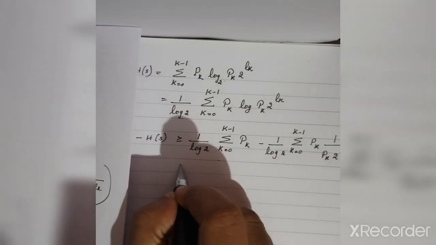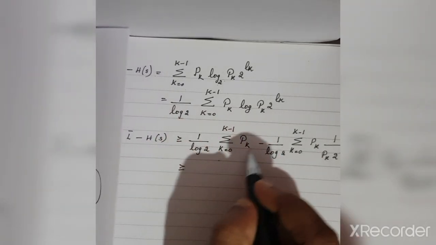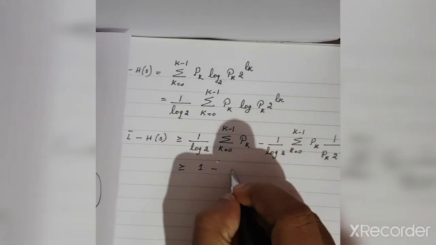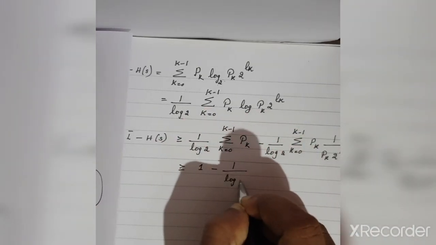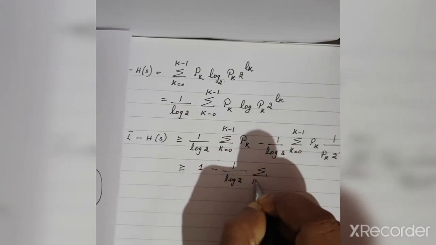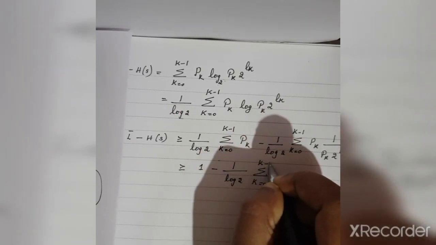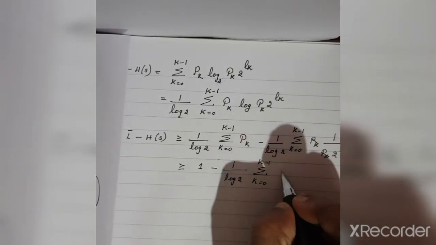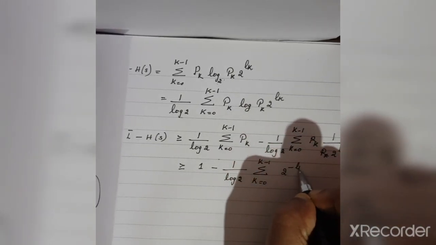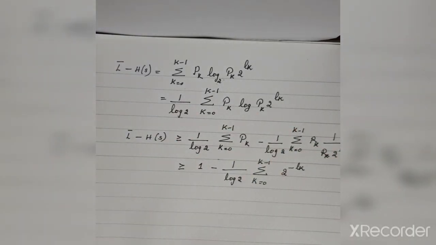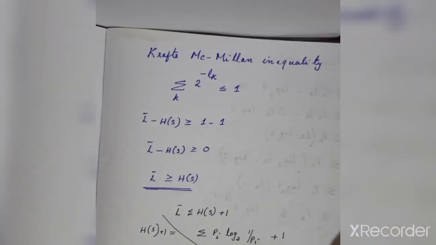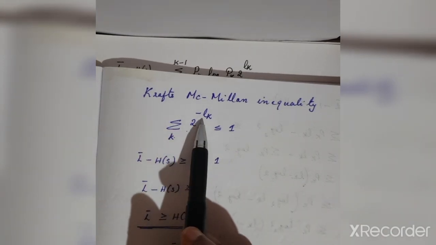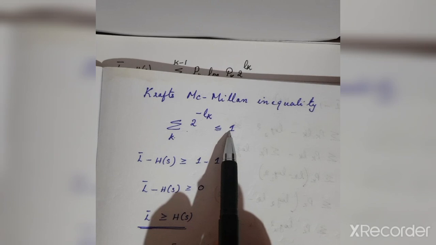Okay. Now, again, we know that the summation over k of pk is always 1. Now this term can be reduced to log 2 summation k equals 0 to k minus 1. If you cancel your pk, it becomes 2 raised to minus lk. Now we have something called the Kraft-McMillan inequality, which shows that the summation over k of 2 raised to minus lk is always less than or equal to 1.